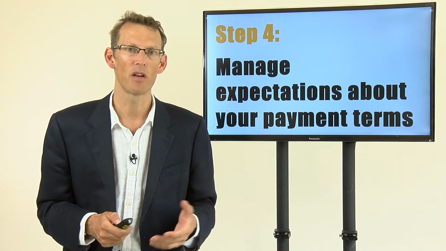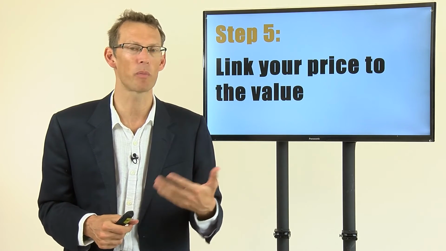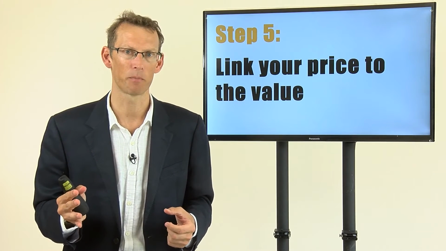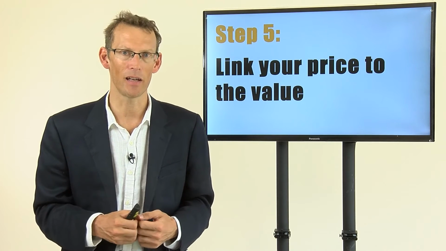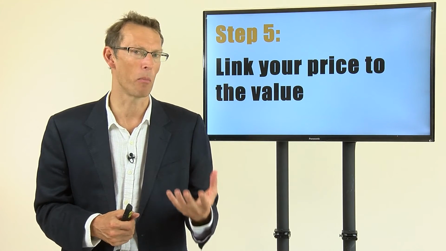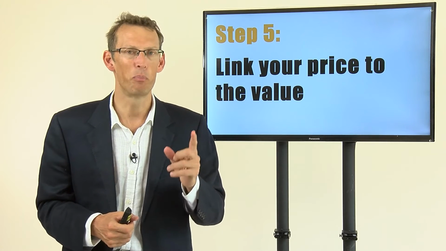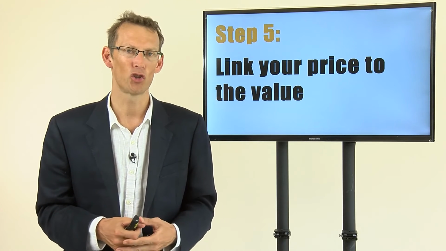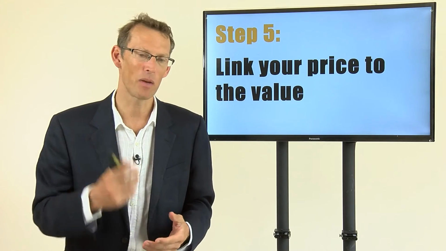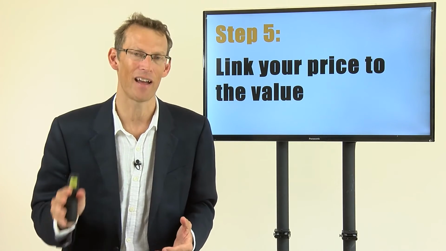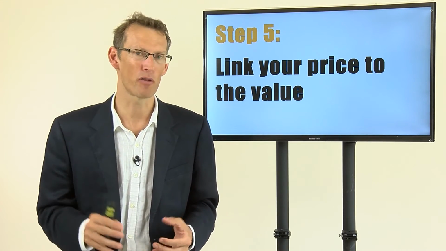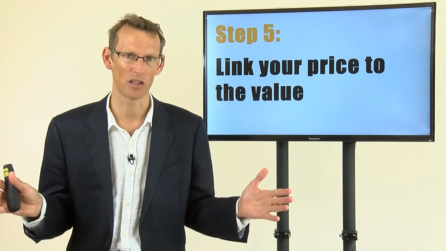So step 5 is where we then think, okay, how do we come up with the price? How do we calculate that price? And the key thing here is in step 5, we have to come up with a number, a price, that's based on the value to the customer. And that means that we never, ever, ever, ever come up with a price based on how long the job takes.